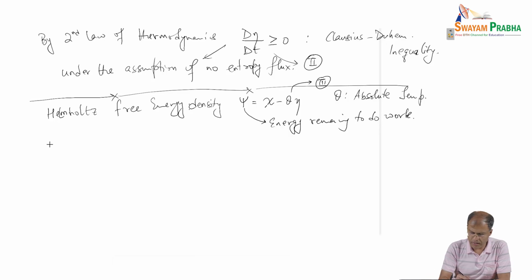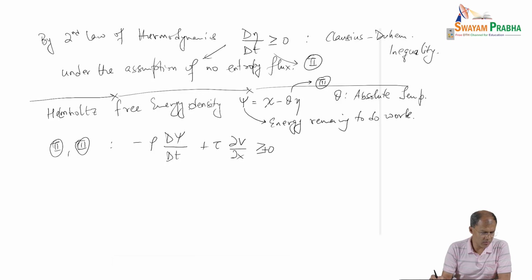From relations 2 and 3, the Clausius-Duhem inequality and free energy, we get that minus rho times d psi/dt plus tau times partial v partial x is greater than or equal to 0.